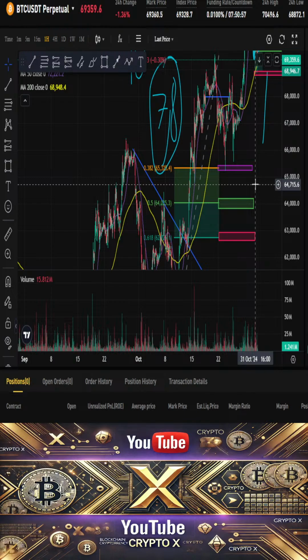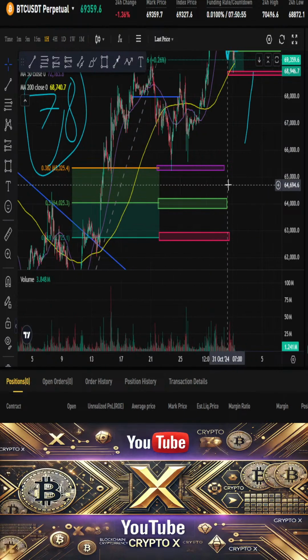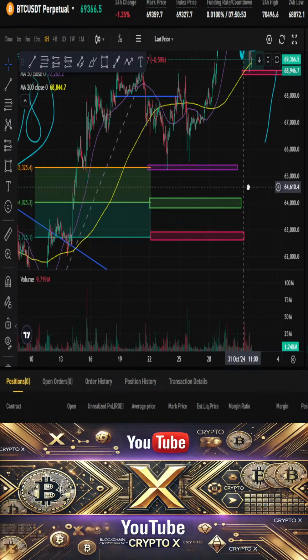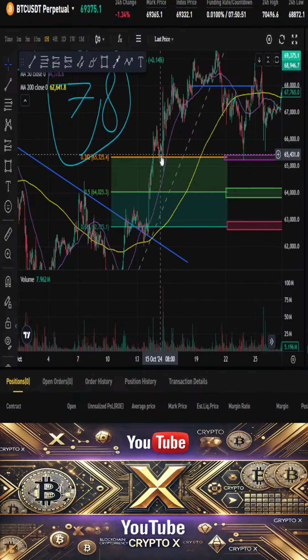Another thing is, while watching this, I could see that once it has gone up from 0.382, I can make an entry towards the upside. But after going up, it again came down for a retracement to 64,790. Then again it went up.